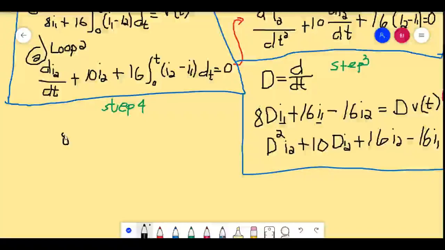So both of these has I1 on it. So we'll have 8D plus 16 I1 minus 16 I2 equal to dVt.